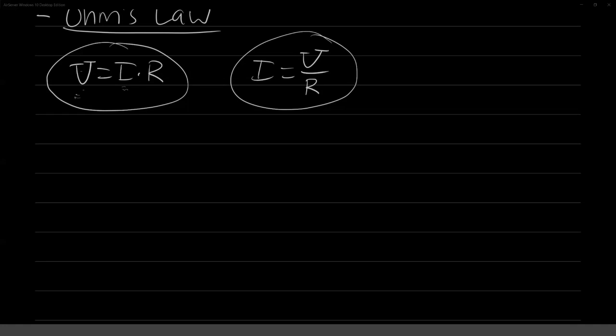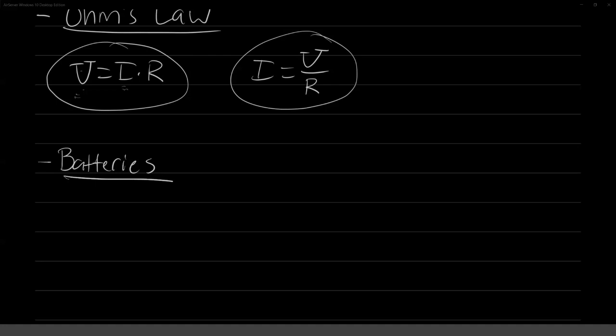But next I wanted to go over batteries, and how they work, right? So I know in the video Shannon got into the chemistry of it. Batteries are actually like galvanic cells, right?